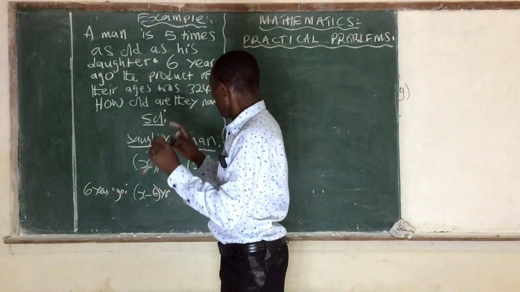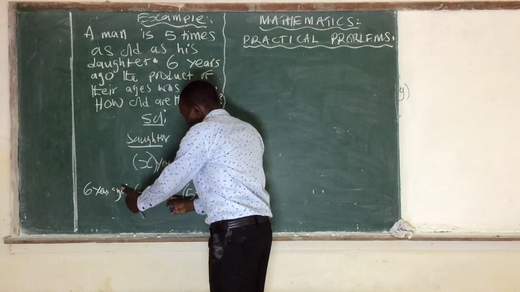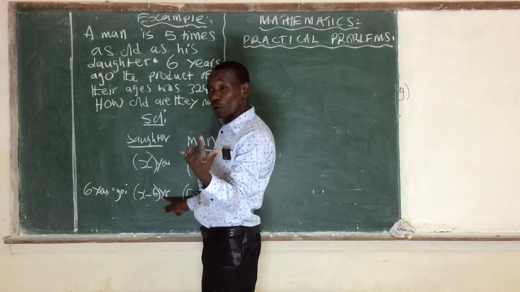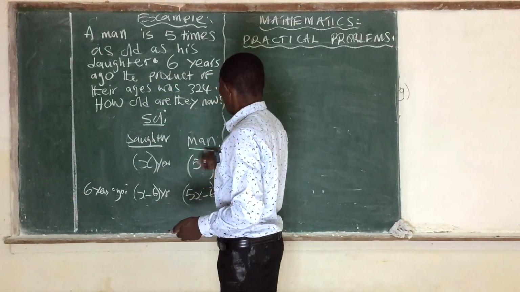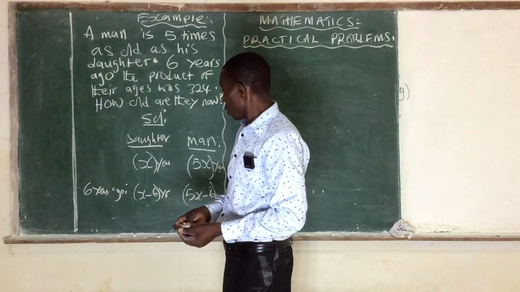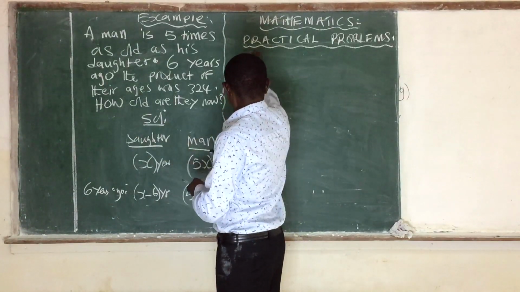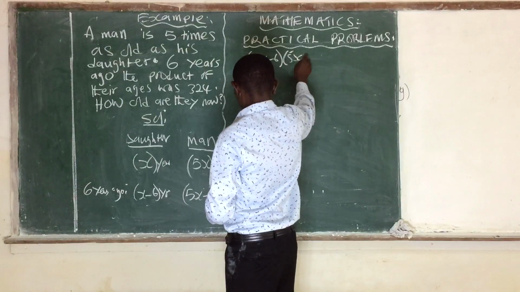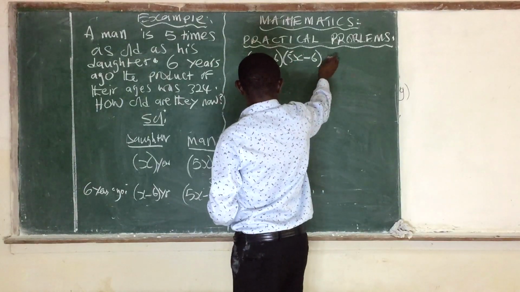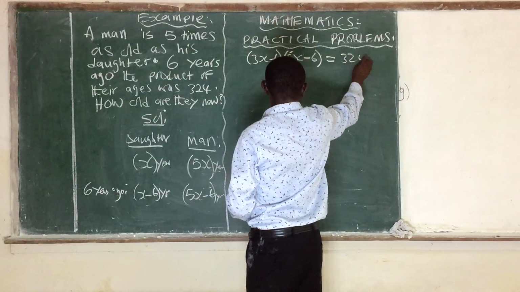That means if we multiply the age of the daughter 6 years ago by the age of the man 6 years ago, this gives us 324. So this will mean x minus 6 product 5x minus 6. This one gives us 324.